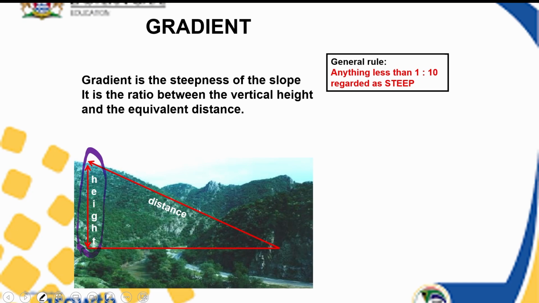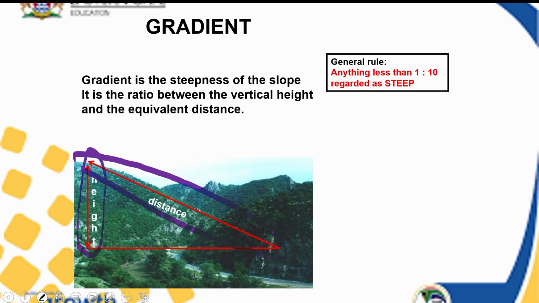There is the vertical height. That's what we are talking about. You are looking at the ratio between the vertical height and the distance you are moving. We said that the gradient is the ratio between the vertical height and the distance, which is equivalent to.